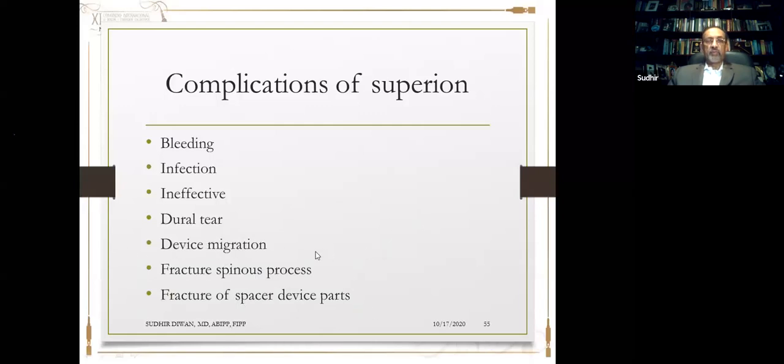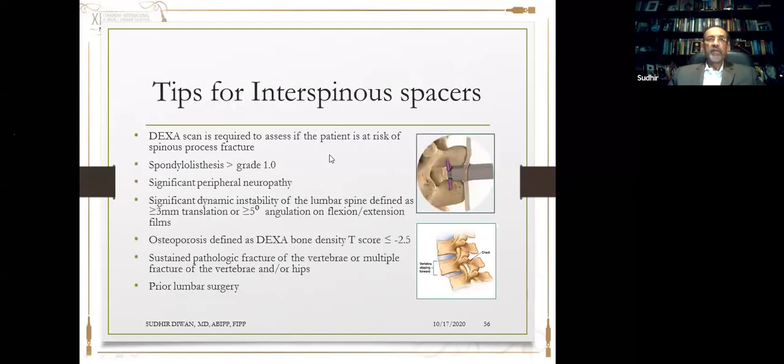The other two very important complications are fracture of the spinous processes and fracture of the spacer device itself. Some tips: a DEXA scan is important to know the extent of the osteoporosis to minimize the chances of spinous process fracture. The DEXA scan will give you the individual fracture risk, and that will help you make the decision.